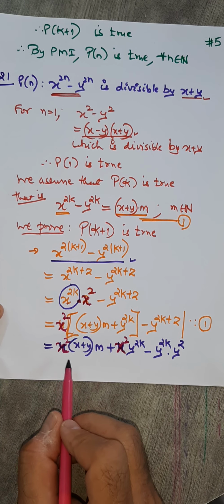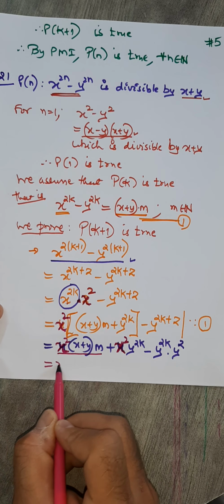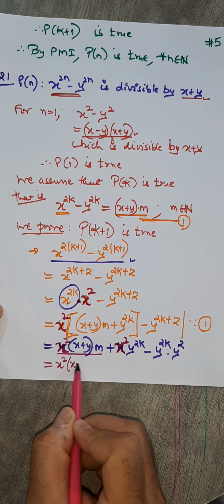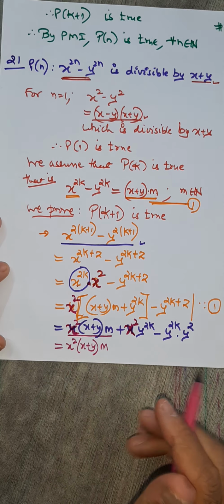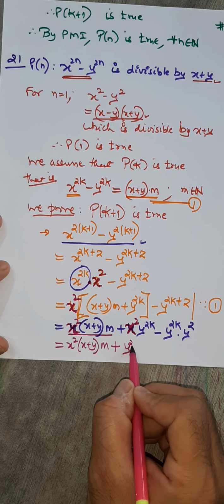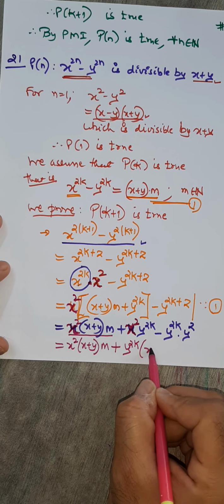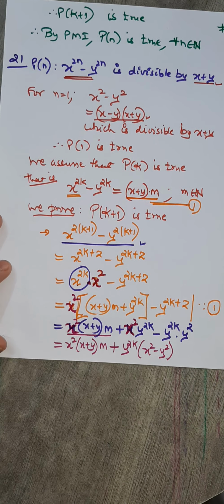Okay. Now in this term you already have x plus y. Let me copy this: x square into x plus y into m plus, what's common in these 2? Y raised to 2k you will find common. So you have x square minus y square, and you know it has 2 factors.